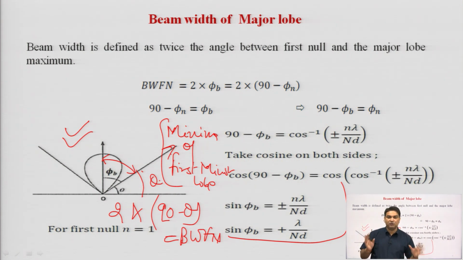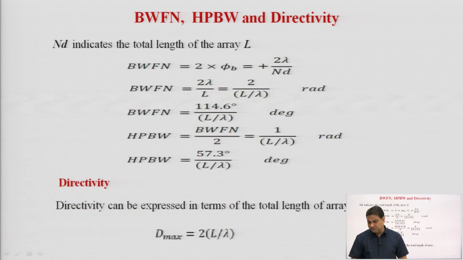So, you can calculate and emphasize the mathematical formulations, the mathematical modeling, to get the beam width of the different directions. These are some of the formulations which are very useful to solve numerical problems, and all these formulations are described in my previous lectures.